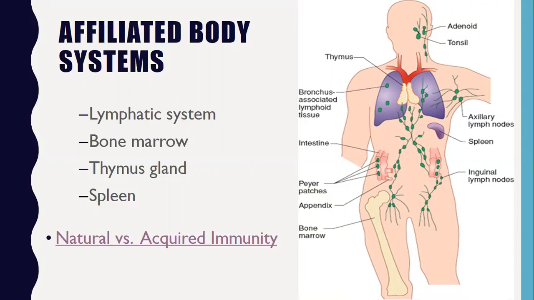It is also non-specific and gives broad coverage. It protects us without remembering. So it's the first thing that happens, that first line of defense after exposure. The goal of natural or innate immunity is to destroy the antigen, and then it will also start the process of acquired immunity, which we'll talk about in just a second.